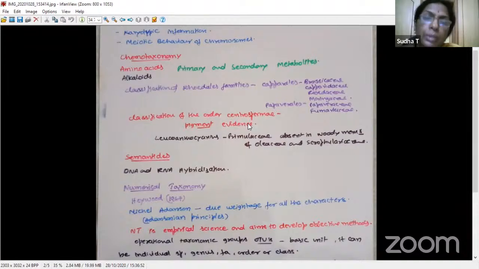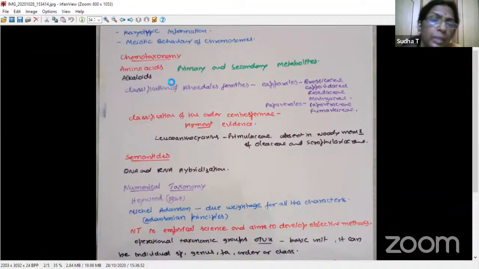It helps a lot, and by adding chemotaxonomy in the systematics, like the Cronquist or Takhtajan classification, it is also called omega classification or synthetic classification.